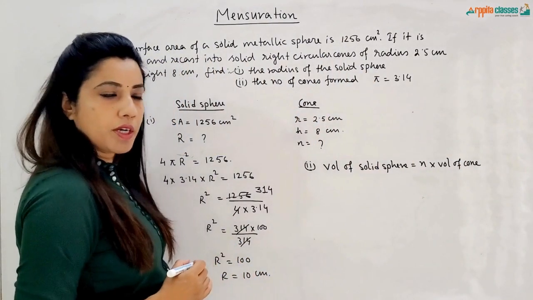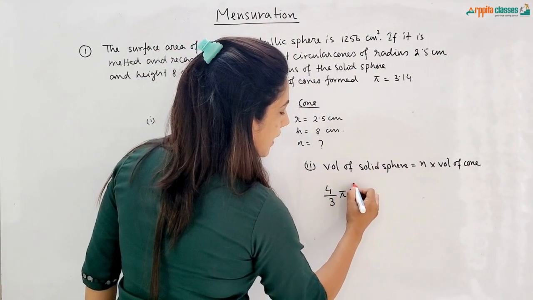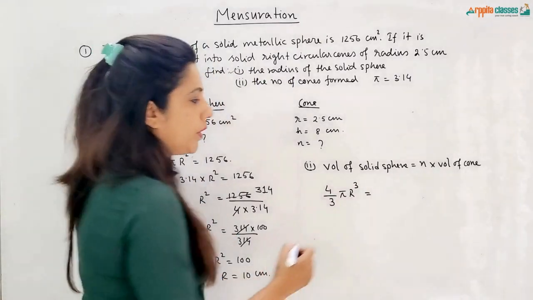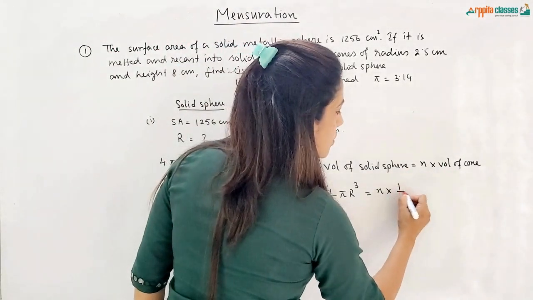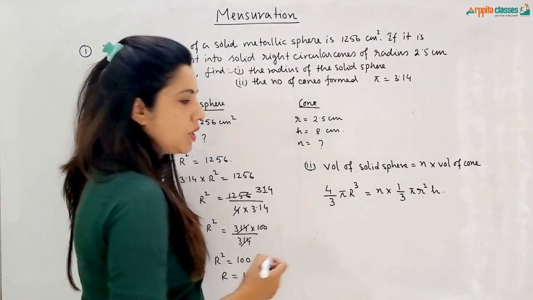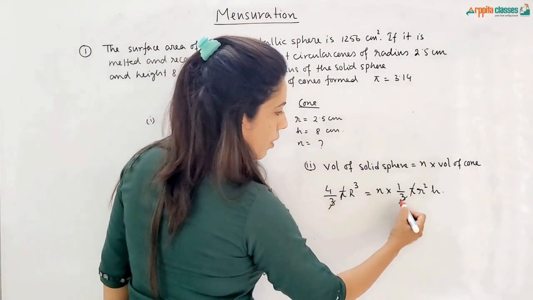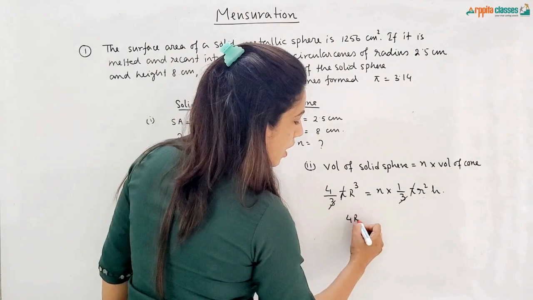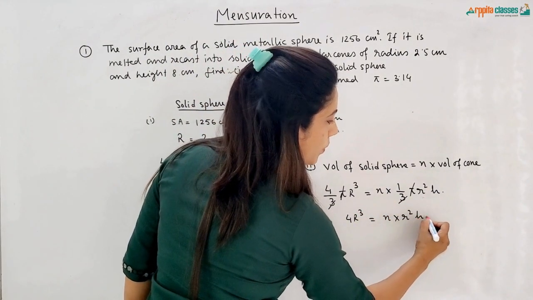Now volume of solid sphere, the formula for that is 4/3 pi capital R cube, is equal to n into volume of cone. Formula for that is 1/3 pi r square h. So now let us cancel pi and pi, and 3 and 3. So we get 4 R cube is equal to n into r square into h.